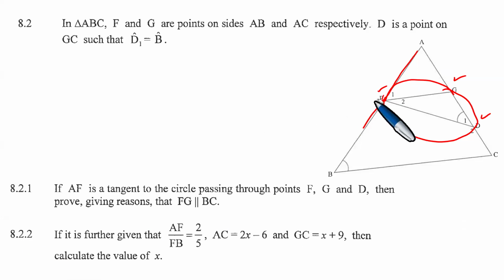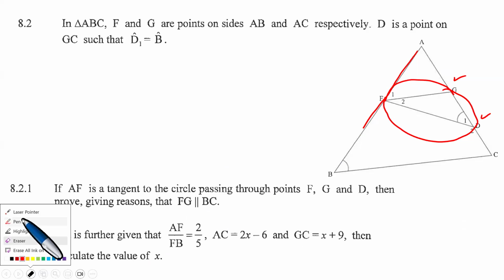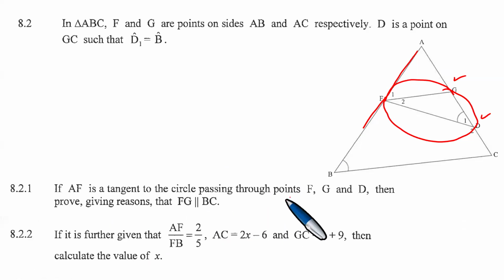Then here comes the question. The examiner is saying, prove, giving reasons, that FG is parallel to BC.